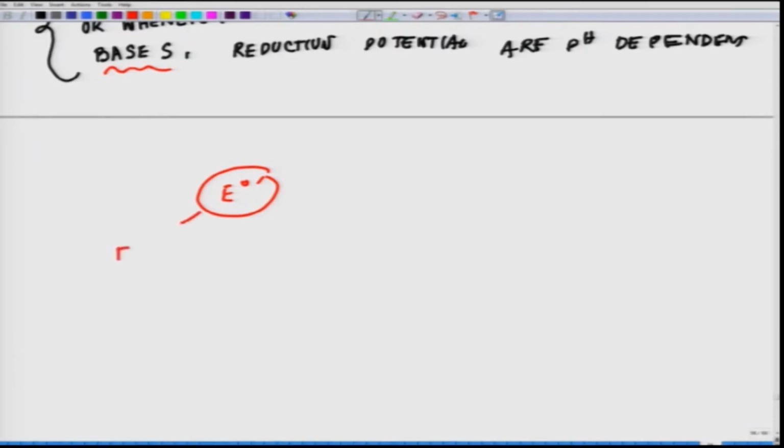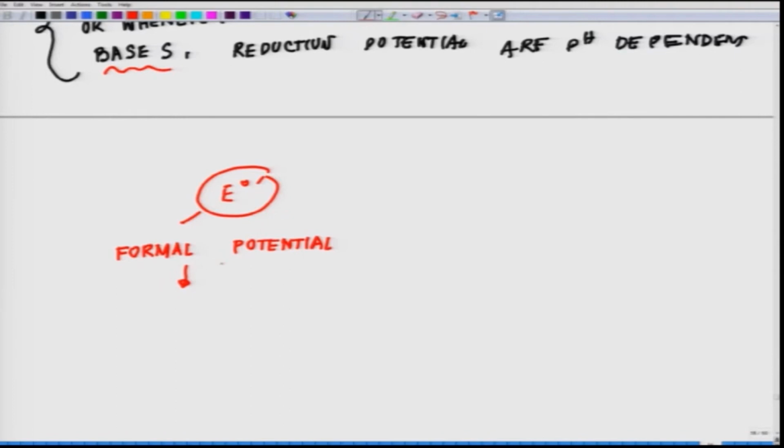This is what is used by the biochemist, the formal potential. So, we are getting into the domain of bioelectrochemistry now. Okay.